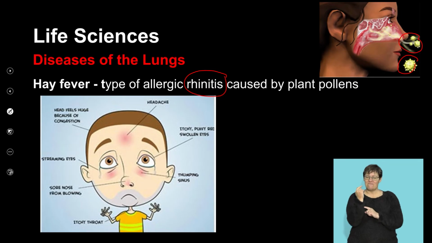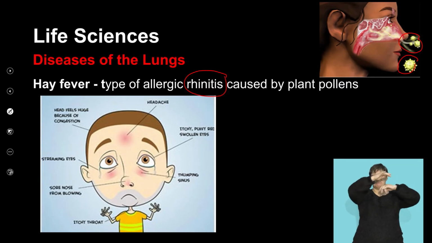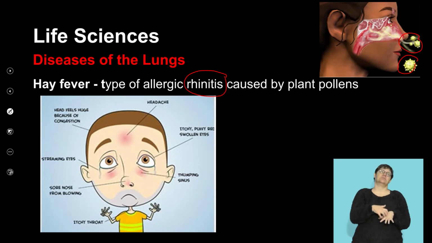And basically when you have these triggers, they move into your system, and you have this overreaction of things that are going to occur. So it goes into your nose, when you breathe through your nose, and our body is going to produce this whole lot of mucus.